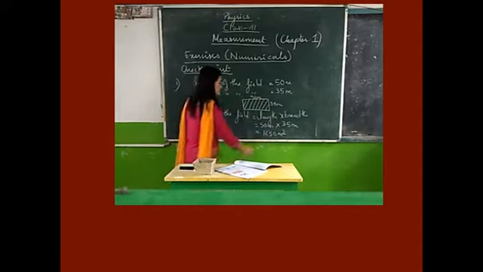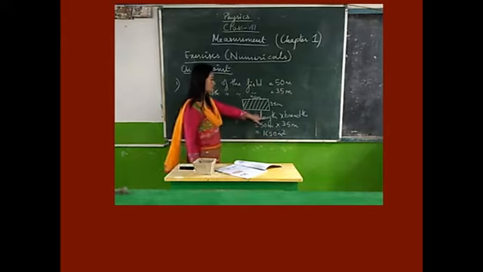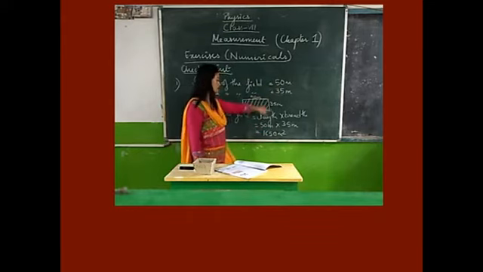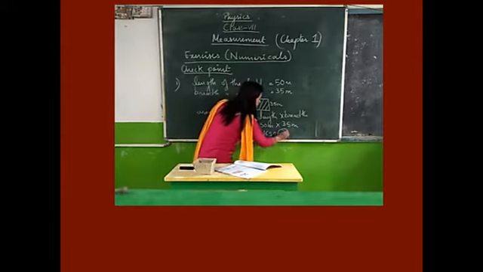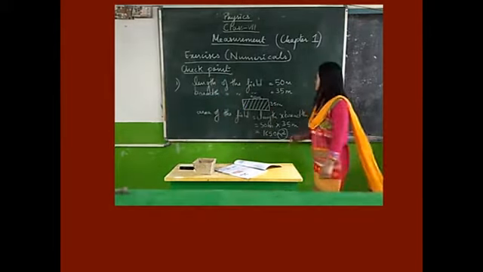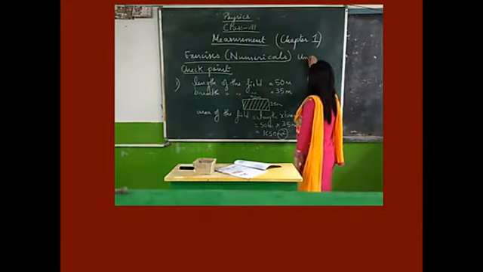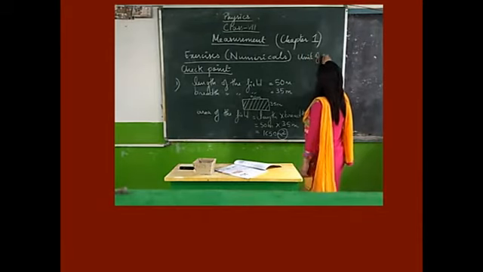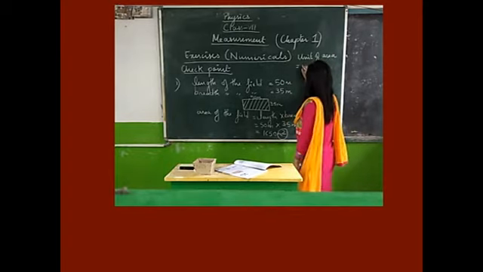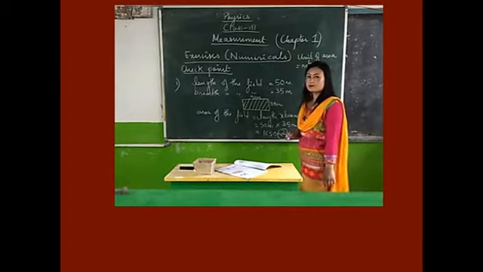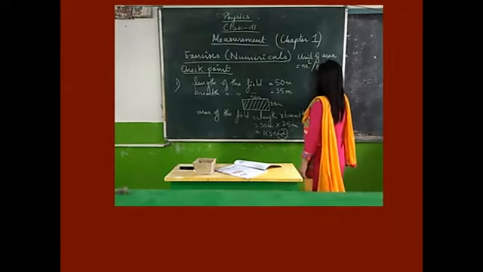Now, see this one? The unit of length is meter, the unit of breadth is also meter, but the unit of area is square meter. So what is the unit of area? The SI unit of area is square meter.